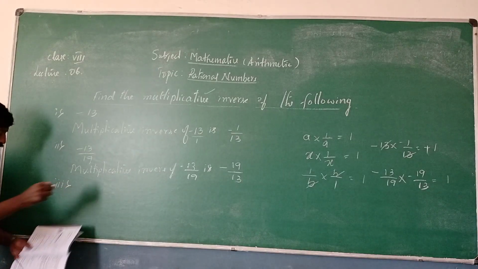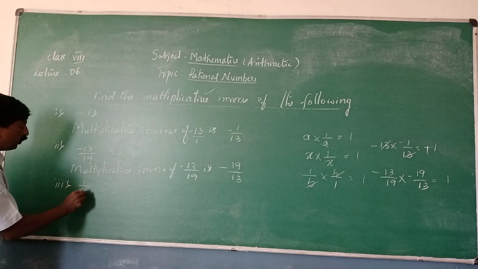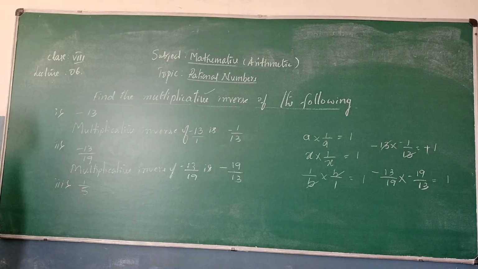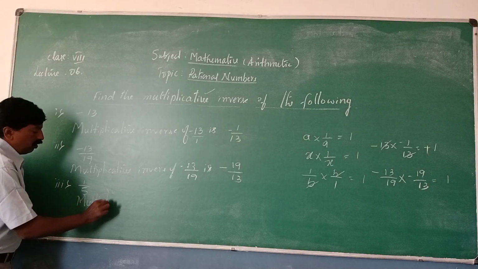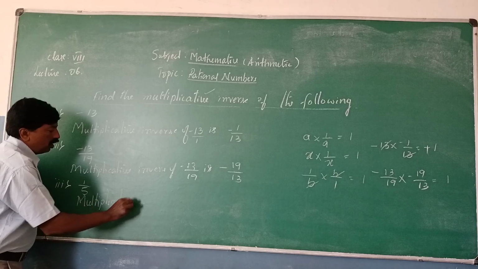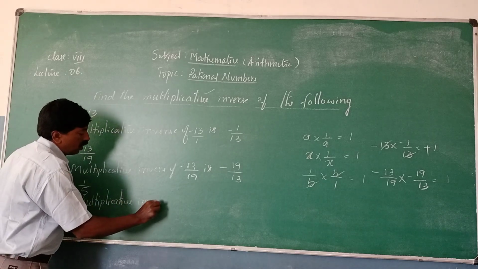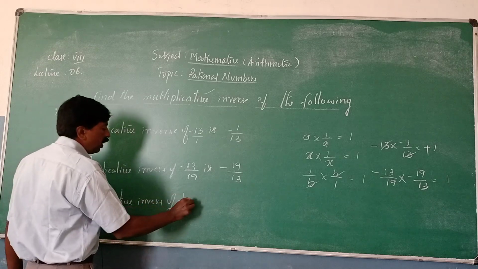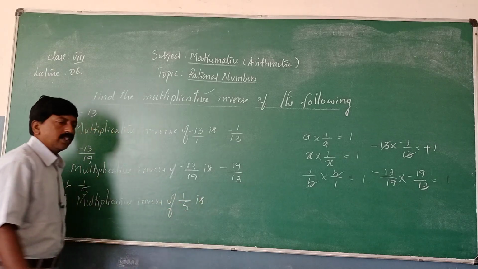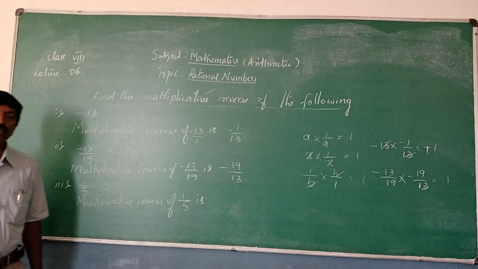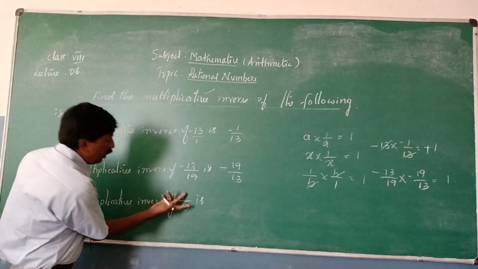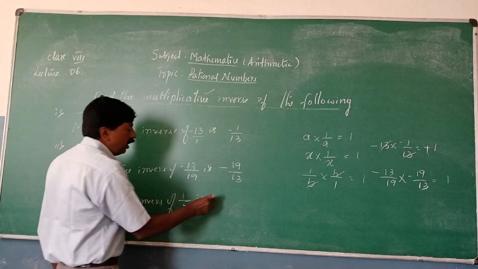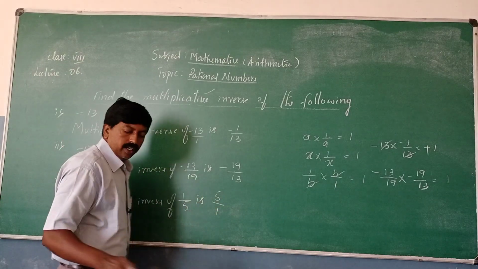The third question is minus 1 by 5. What is the multiplicative inverse of 1 by 5? Write it in a sentence. The multiplicative inverse of 1 by 5 is, change numerator to denominator and denominator to numerator, which is 5 by 1.